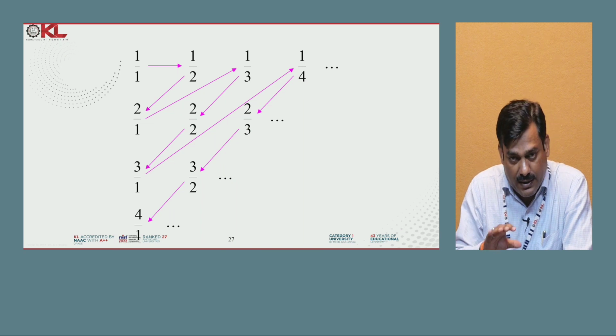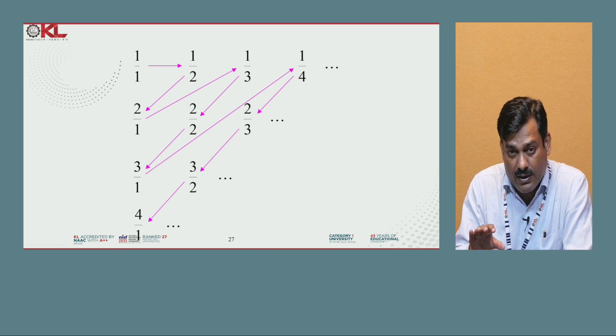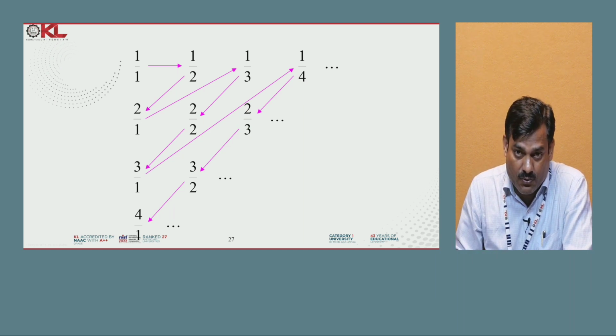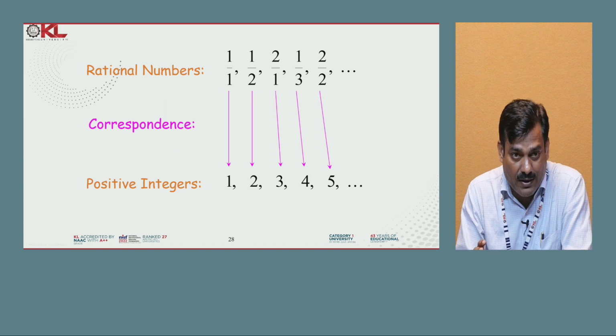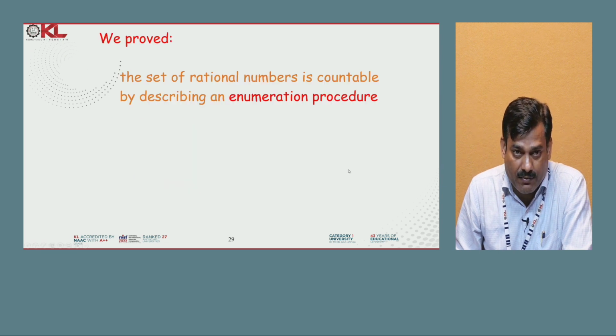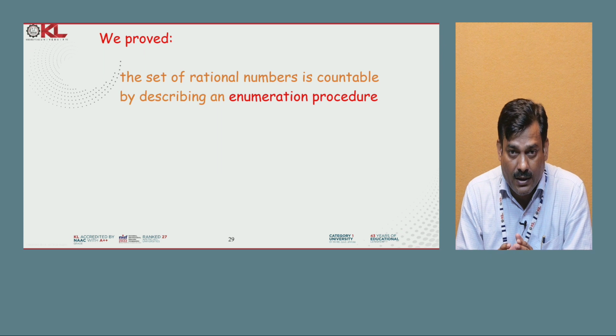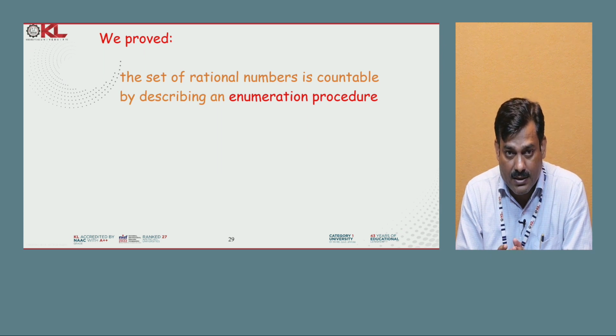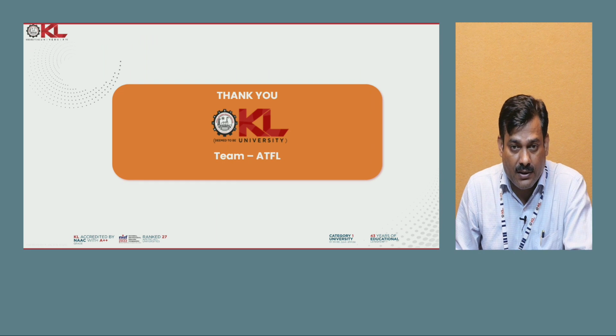So we can say we can provide a one-to-one correspondence between the rational numbers and the positive integers. In this way we prove the set of rational numbers is a countable set. That means to prove that the rational numbers are countable, we use the enumeration process. Thank you so much.